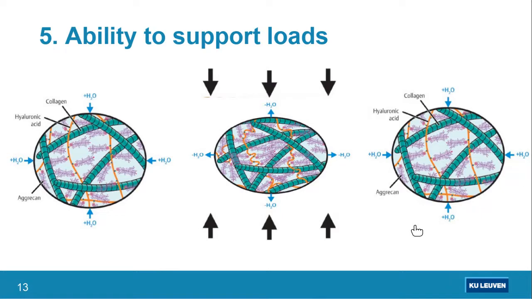Once this water goes back to this section of the extracellular matrix, the aggrecan recovers its initial shape, and therefore cartilage recovers its initial shape. So this compression and expulsion of the water, and the water being captured again, is what explains the ability of articular cartilage to support the loads.